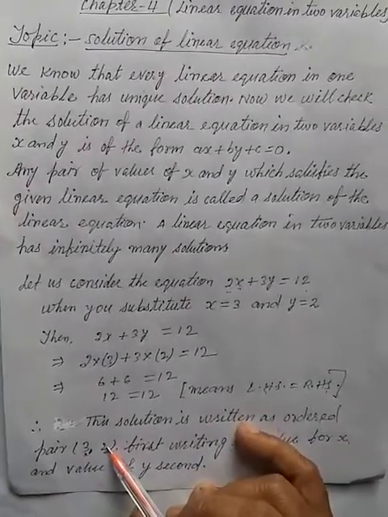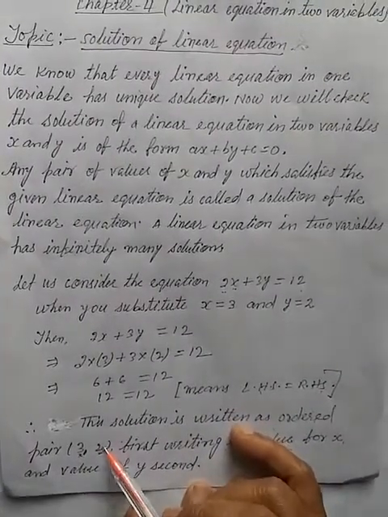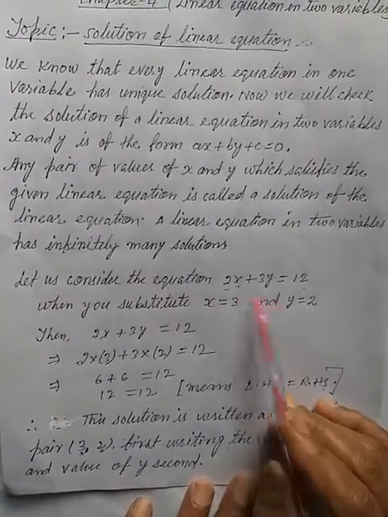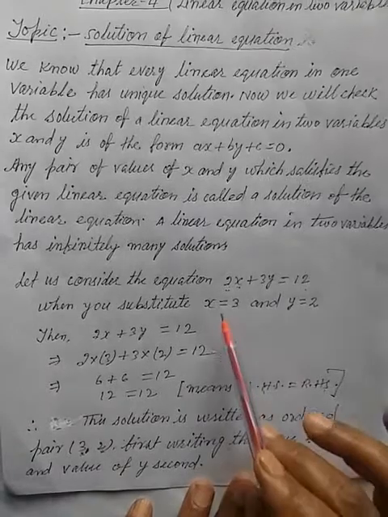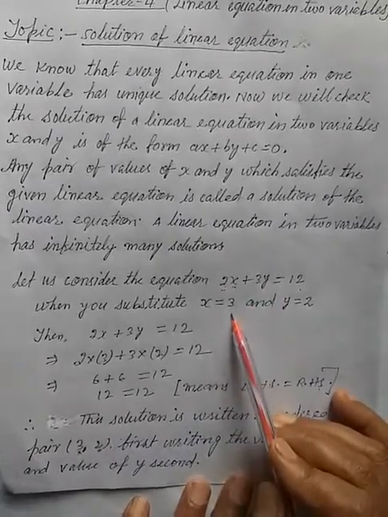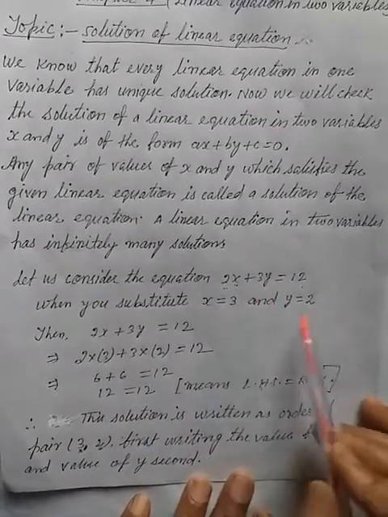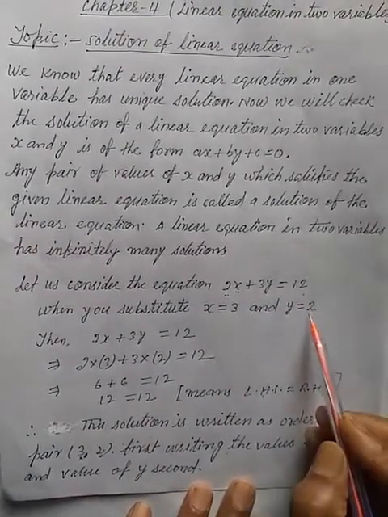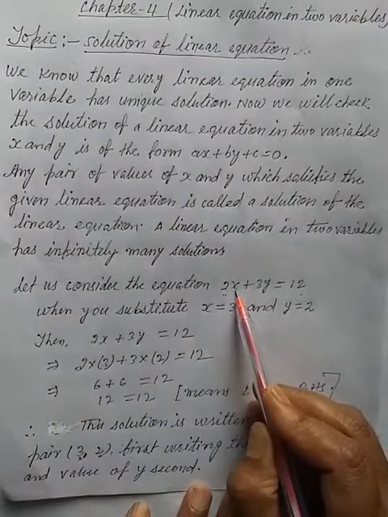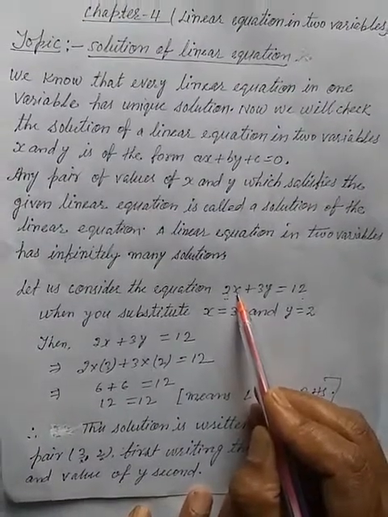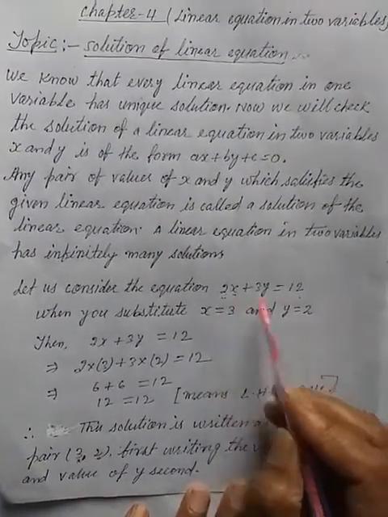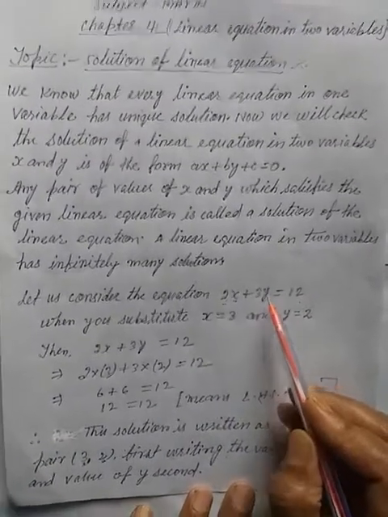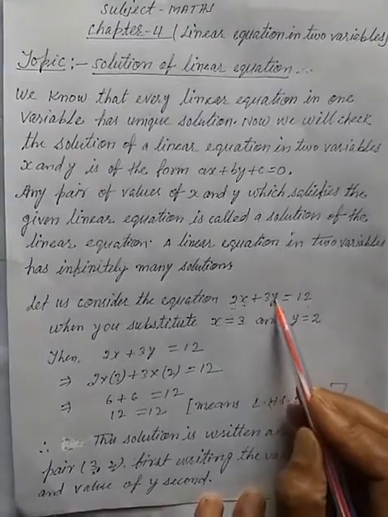Now if we put x = 2 and y = 3, just the opposite, are they solutions of the given equation? No. Put x = 2, so 2 times 2 is 4. Put y = 3, so 3 times 3 is 9.